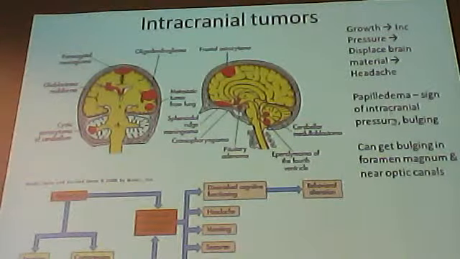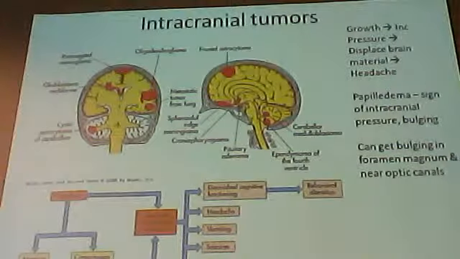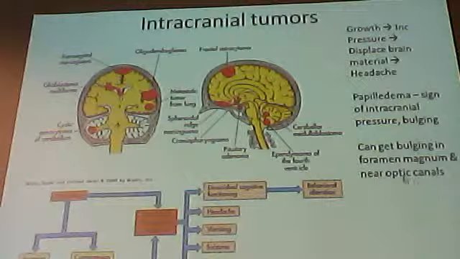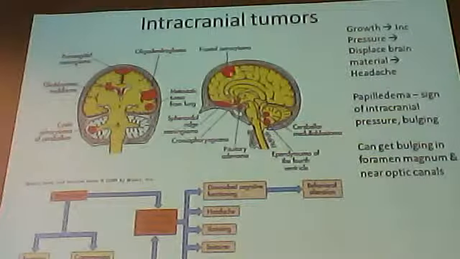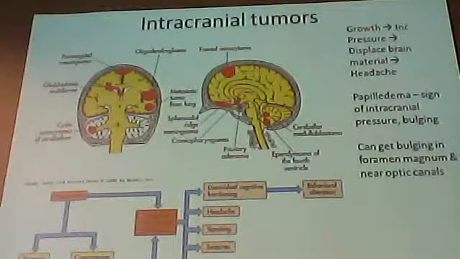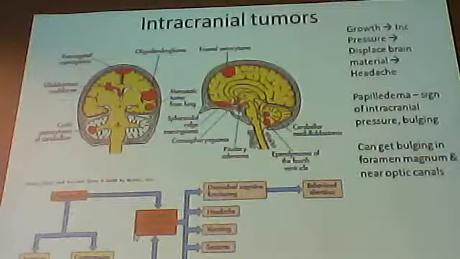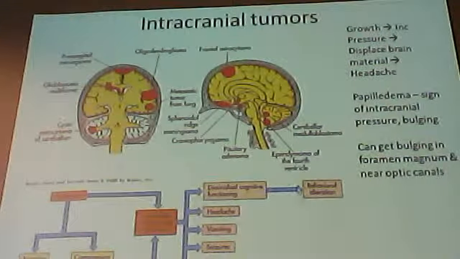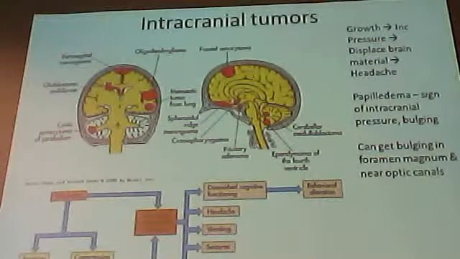Papilledema is a sign of intracranial pressure, a bulging near the optic canals. So basically, cancer leads to pressure, and pressure leads to many problems that can cause altered brain or altered behavioral function.